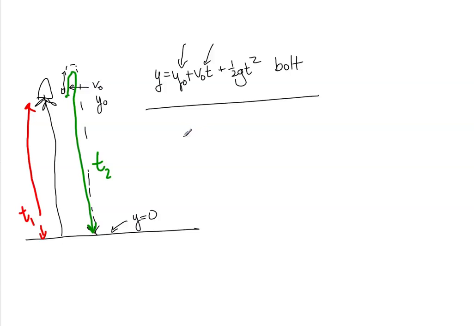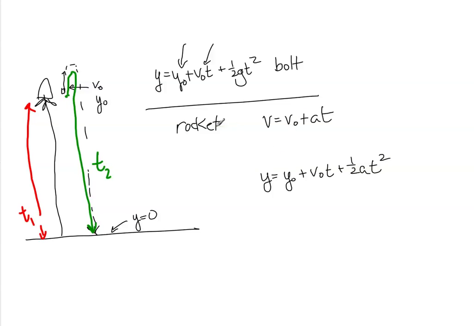What's happening with the rocket is things like v equals v0 plus at, and y is equal to y0 plus v0t plus 1/2 at squared, right?